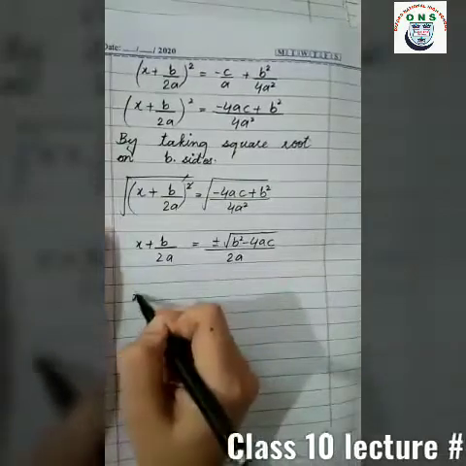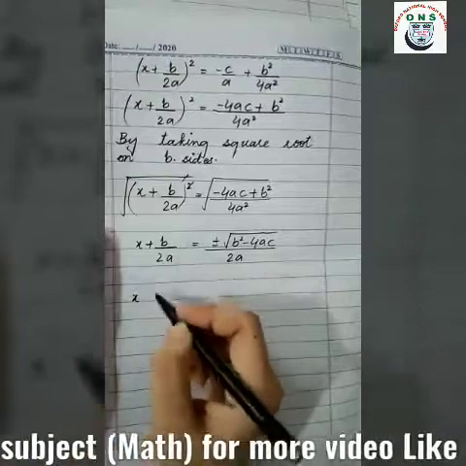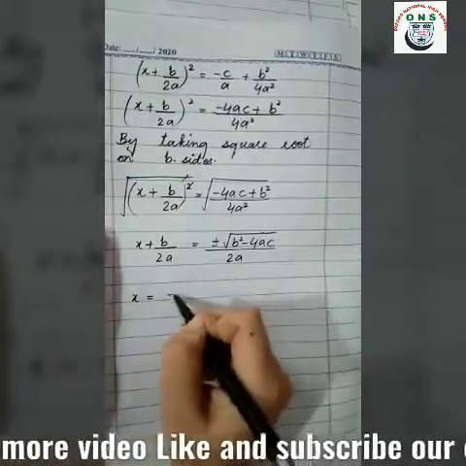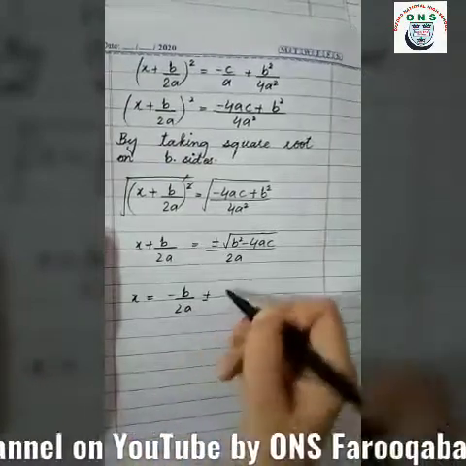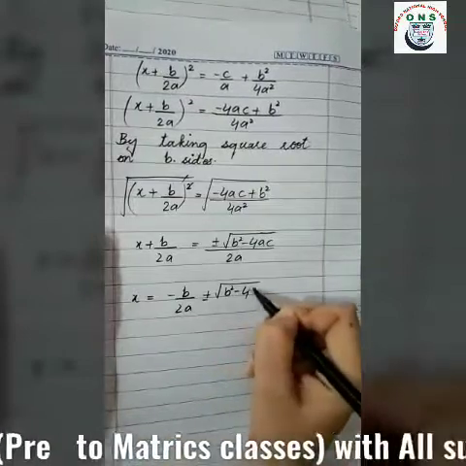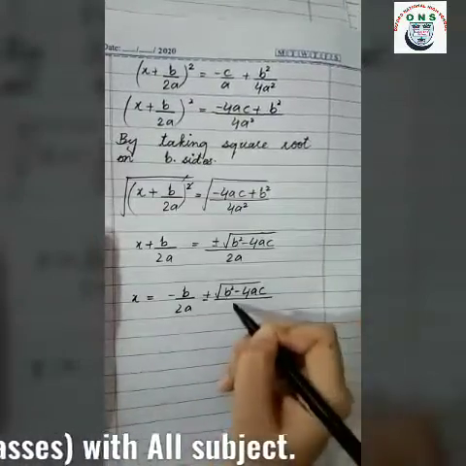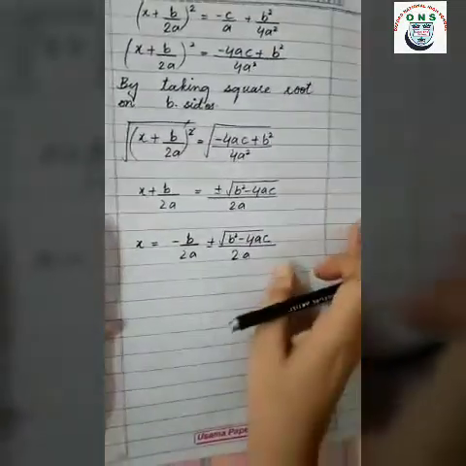Now we will arrange it. We will take it on the other side and its positive sign will be changed to negative. This is equal to minus b by 2a plus minus square root of b square minus 4ac by 2a. Again we will take its LCM.